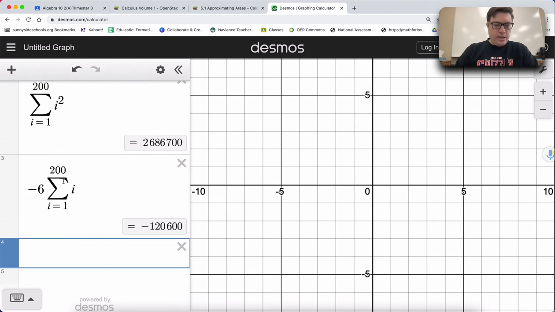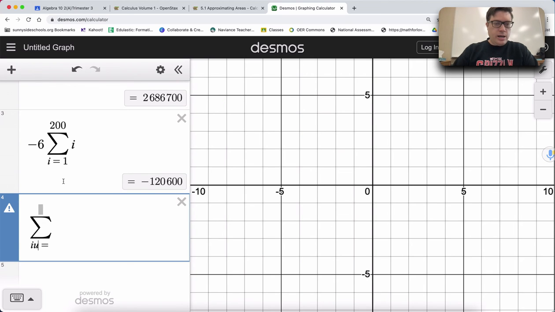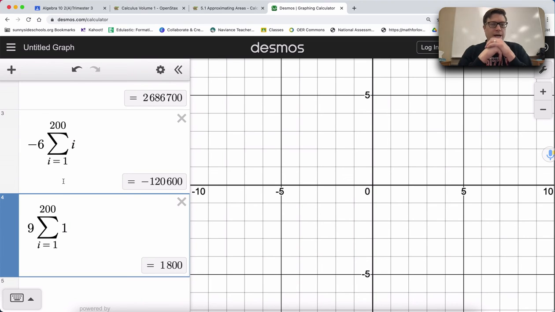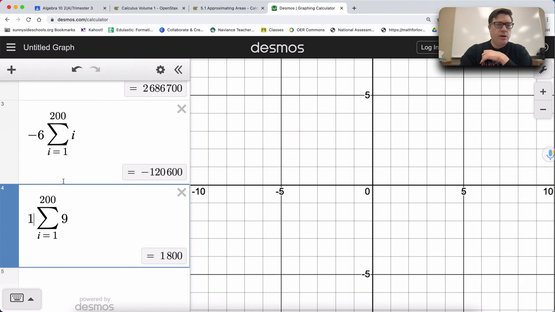And then the summation from i equals 1 to 200 of 9, put a 1 in there. That's the problem. I don't know how I didn't think of that. You're doing 9 repeatedly 200 times. So if I put a 9 here and I put a 1 there, that's what I did wrong.